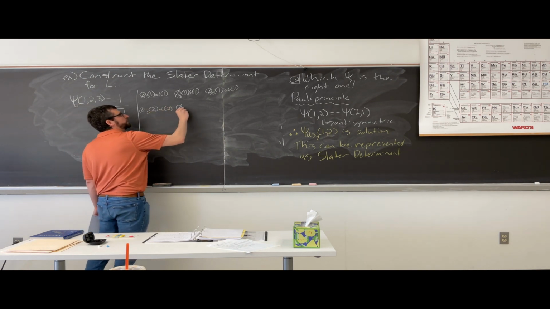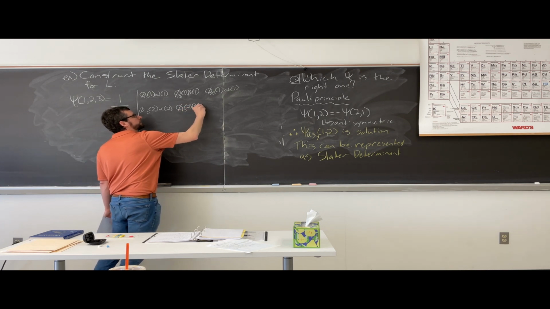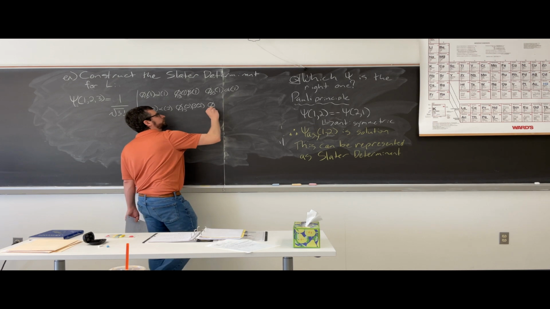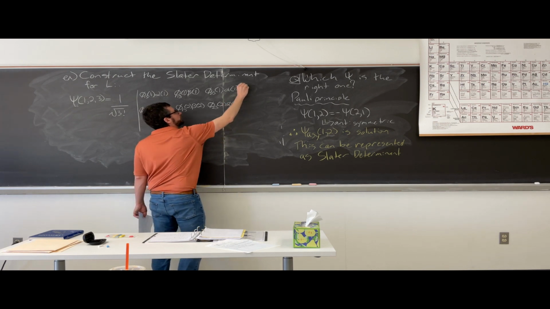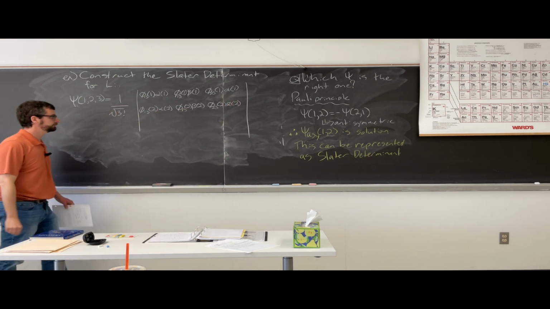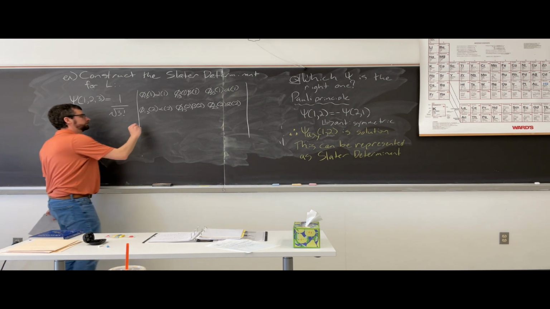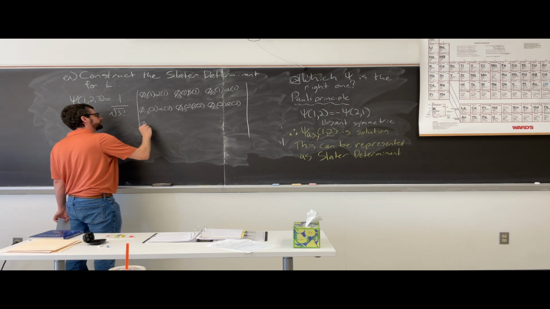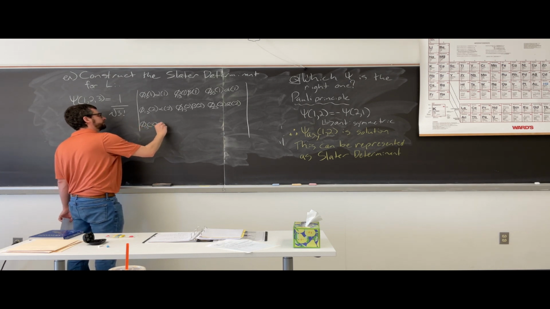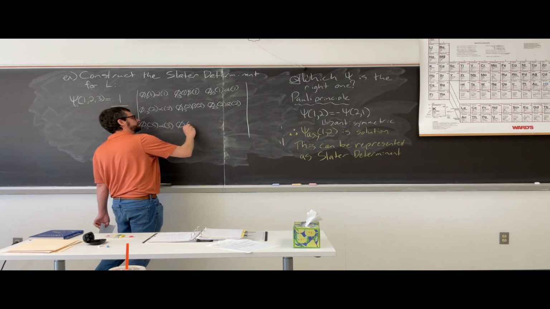So we're just replacing all the 1s with 2s, right? And then the last row. Yep. Replace the 2s with 3s.